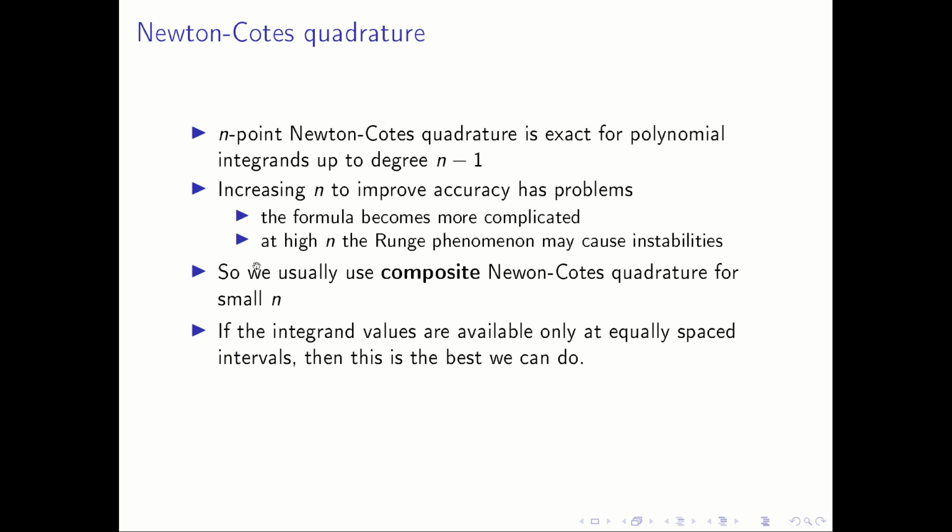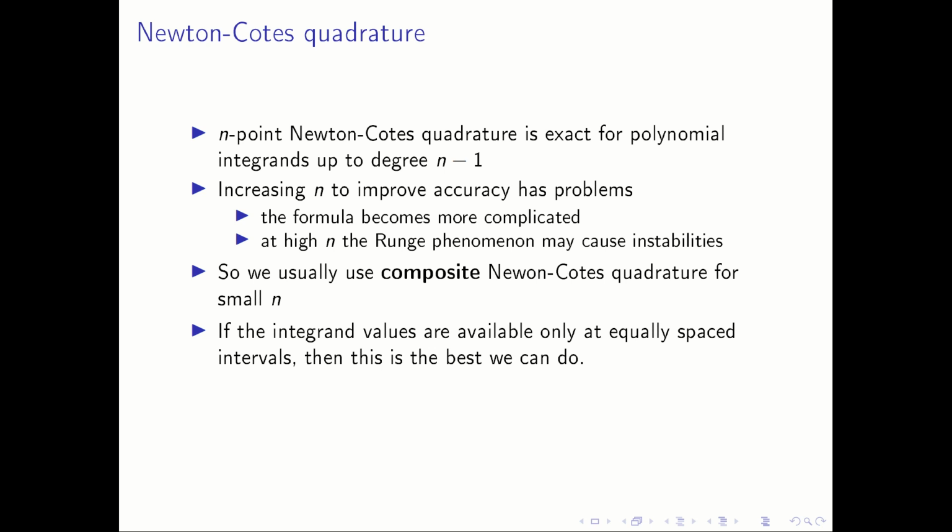Now, if the integrand values are available only at equally spaced intervals, and this might very well happen for several reasons, including the fact that the integrand, the function which we are trying to integrate, may be very, very difficult to calculate.